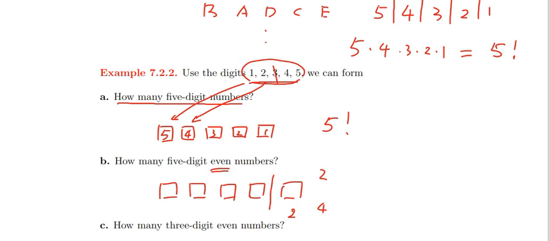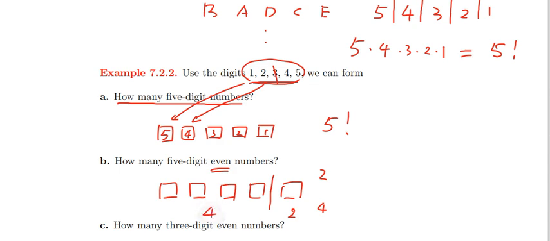Last one, 2 ways. Then here we put one of them. By now we have 4 digits. So put the 4 digits into the 4 positions.